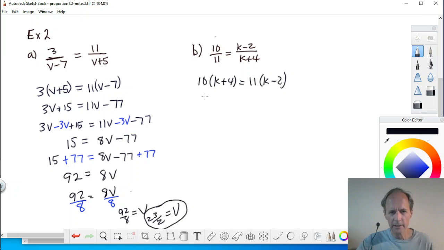Okay, got to distribute. 10k plus 40 equals 11k minus 22. Gather our terms, get our k's to one way or the other. Easy to take it to the right, so we'll subtract 10k from both sides.